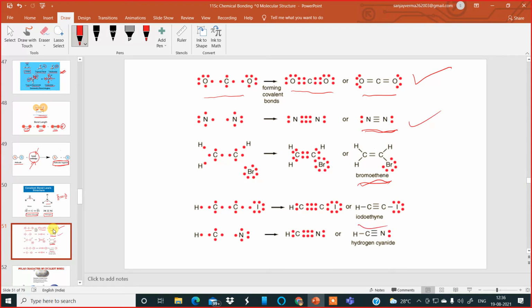Of course, these two are important. This is the formation of hydrogen cyanide, HCN: hydrogen and carbon single bond, carbon and nitrogen triple bond. So try to remember this: H, C, triple bond, N. These are some Lewis structures which you should try to remember and must be able to draw when asked in the examination, because questions have been asked from this also.